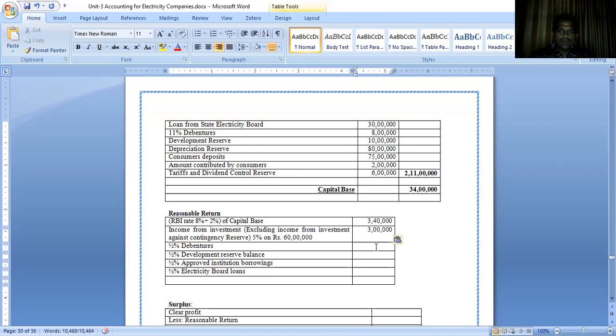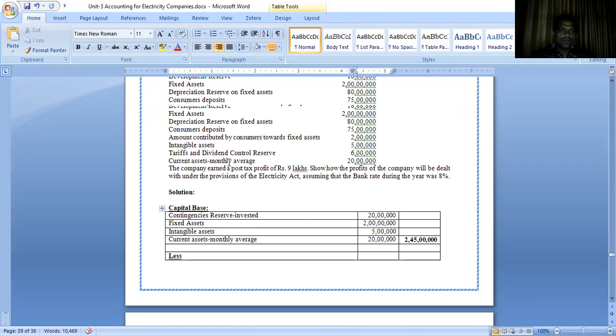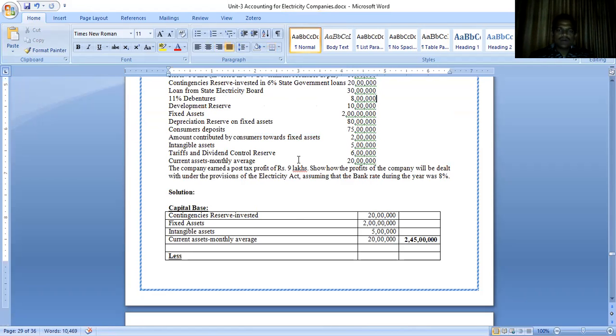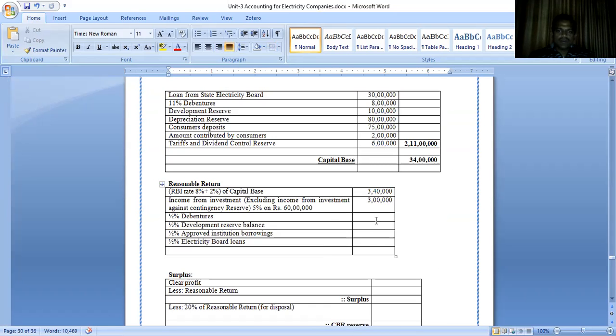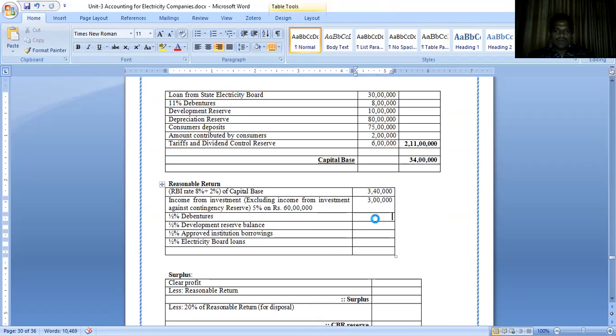So debentures, half percentage on debentures. We have 8 lakh debentures. Half percentage will come around 4,000.